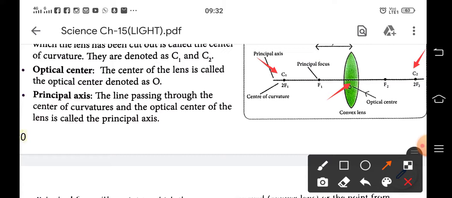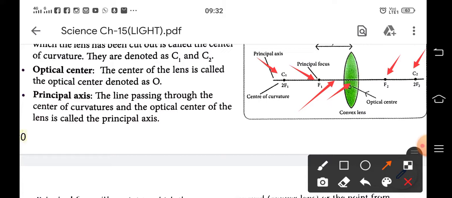The principal axis, the line passing through the center of curvature and the optical center of the lens, is called the principal axis. Then the focus. Both sides F1 and F2 is the focus or principal focus.